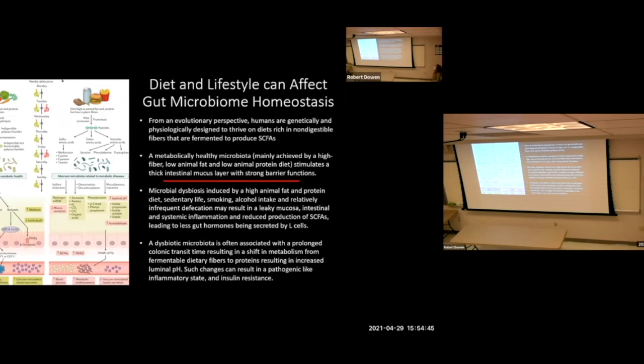We talked about some of the things that can challenge your gut microbiome. And one of those things is your diet and your lifestyle. From an evolutionary perspective, humans are genetically and physiologically designed to thrive on diets rich in non-digestible fibers, right? Because these short chain fatty acids have such a big impact on our health.